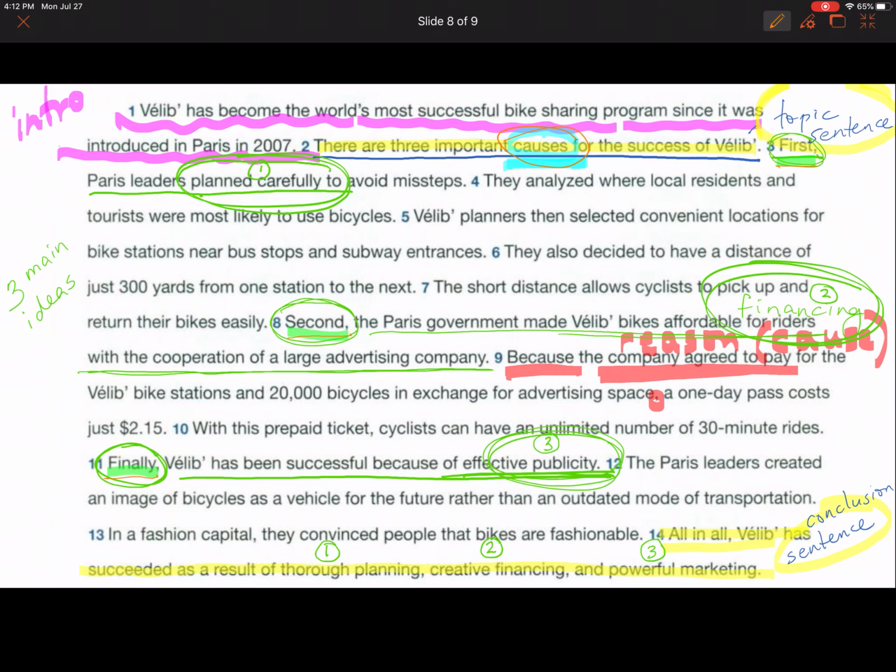Okay, you should now take a closer look for each main idea. Just take a look at how each main idea was explained with some details. And this is a great example of how to write a cause paragraph.